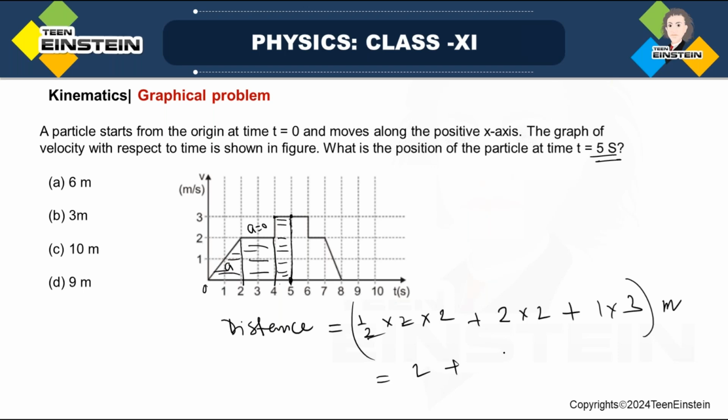So 2 plus 4 plus 3, in meters, so 9 meters. So what will be the position of the particle after 5 seconds? It will be 9 meters from origin. So option D will be the correct answer for this question.